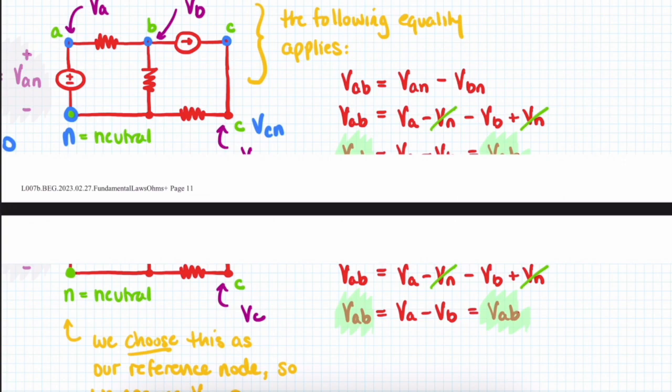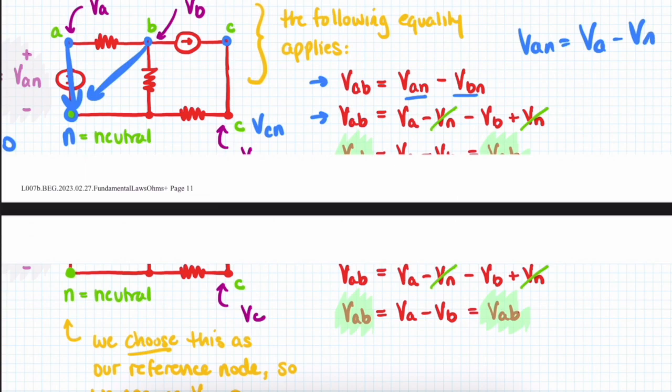So let's start off with our double subscript notation, VAB. How can we break that down into two different pieces? That is the same as saying VAN minus VBN, the voltage between A and N, the voltage between B and N. Same definition. Now we can say VAN, we can split that up into two pieces, VA minus VN.